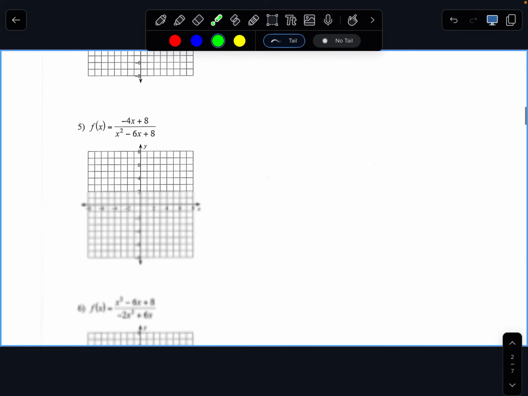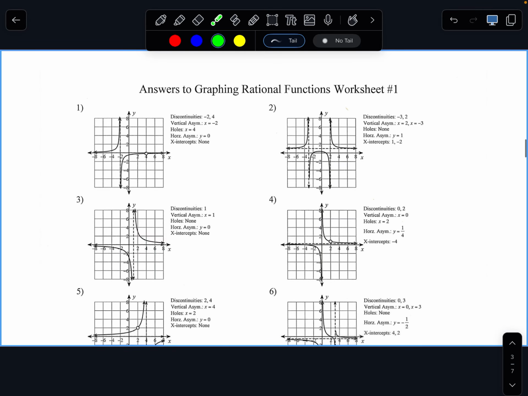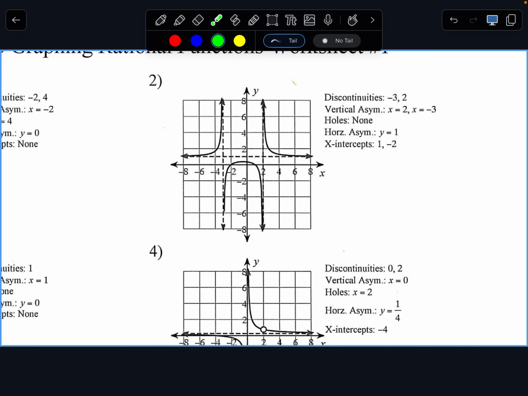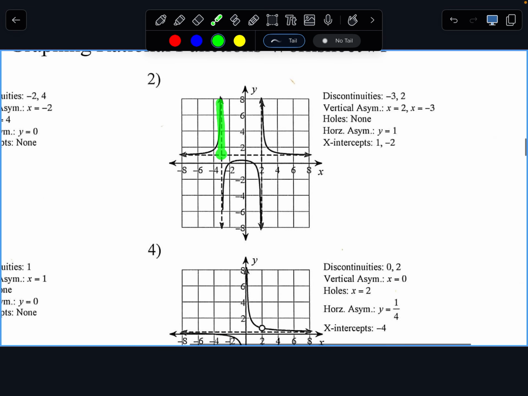Let me go to the answer key here real quickly and just reference a couple things. If you take a look at problem number 2, notice you've got a vertical asymptote here, a vertical asymptote there, and a horizontal asymptote. But if you look at the actual graph, there is no cross point here, okay?